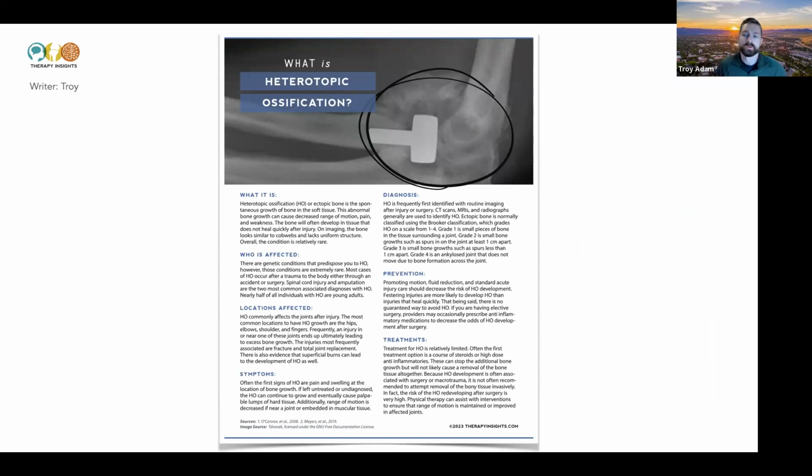Ultimately what it is, is abnormal bone growth that's often happening extracellular, around joints most commonly. In terms of why this happens, they don't actually have that great of an understanding of it. But those that are at risk are often those that have had spinal cord injury or amputation, and are in general younger individuals.